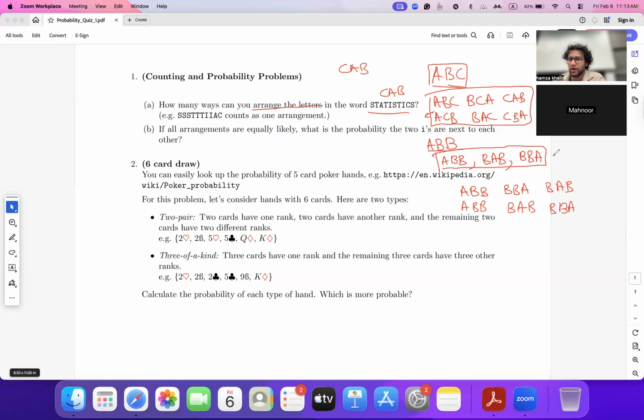These are my correct number of arrangements if these are my letters, and if they were completely distinct, I would get this. Now, if I simply replace the C with the B, I get this. What this tells me is that I am double counting in this set.